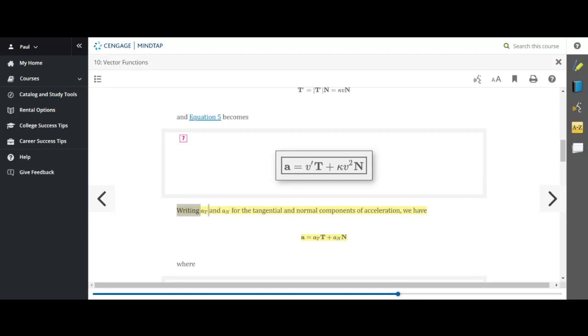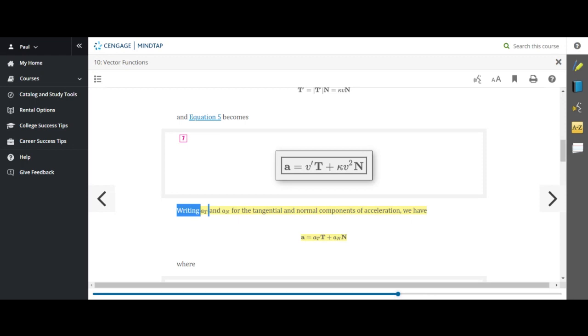It does. The greater the curvature, the more the acceleration vector is pointing in the direction of that normal vector that goes inward. That's what I'm trying to say.